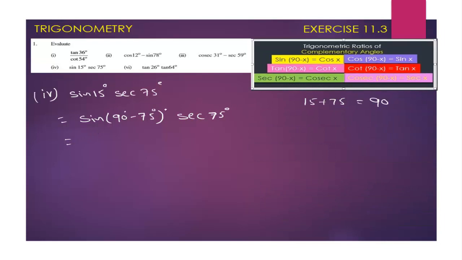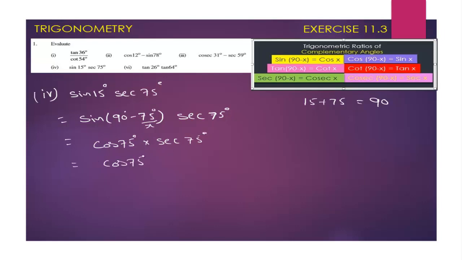Here sine of 90 minus x equals cos x, where x is 75. So sine of 90 minus x can be written as cos x, that is cos 75 degrees into secant 75 degrees.